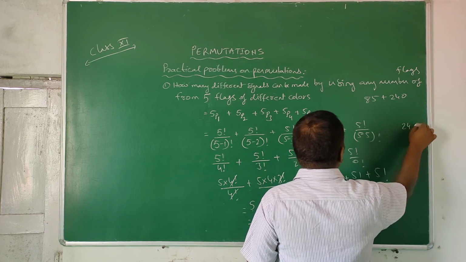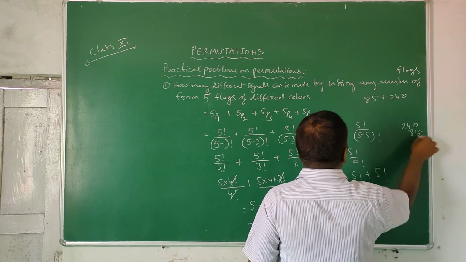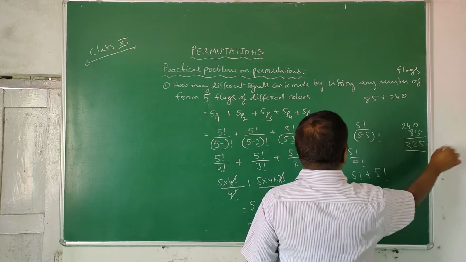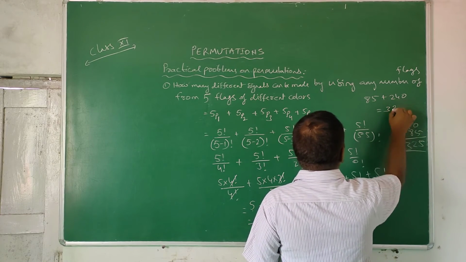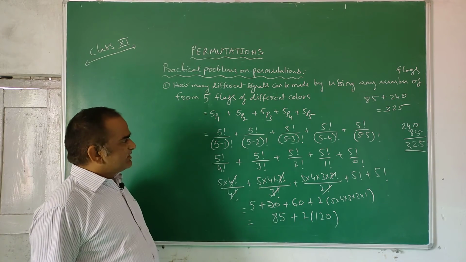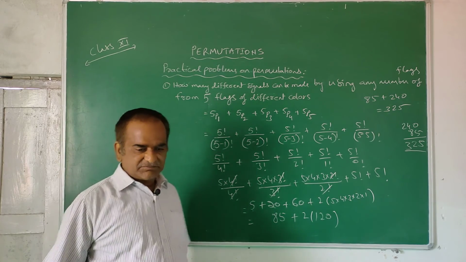If you add 240 and 85, you get 325. So the number of such permutations is equal to 325. Understood?